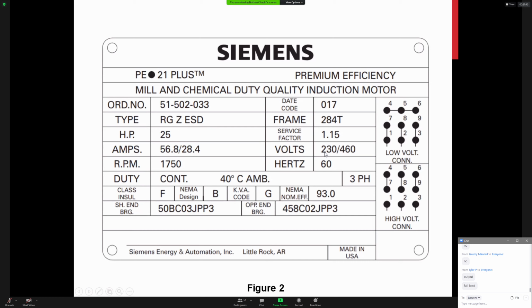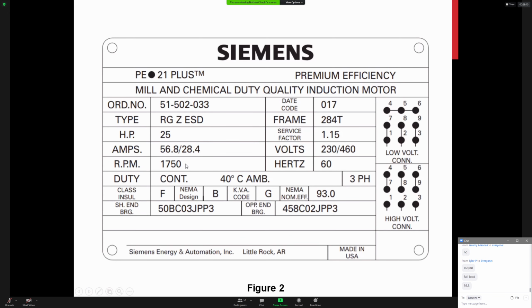How much current is that motor drawing from the supply? 56.8 amps, right? So if we wire it for the lower voltage, we will draw more current. If we wire it for the higher voltage, we'll draw less current. That's just your power in is equal to power out.